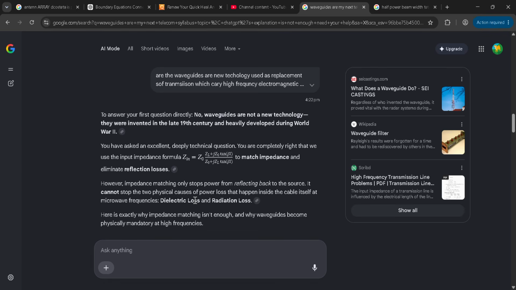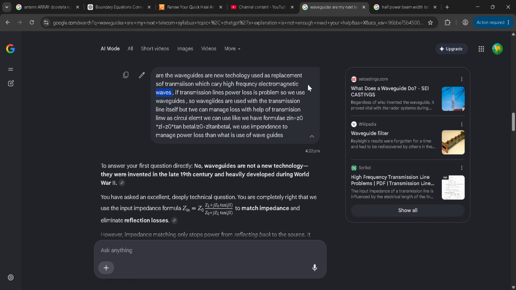If transmission power loss is the problem, so we use waveguides.